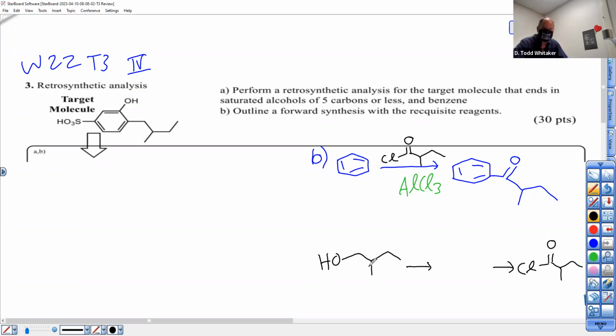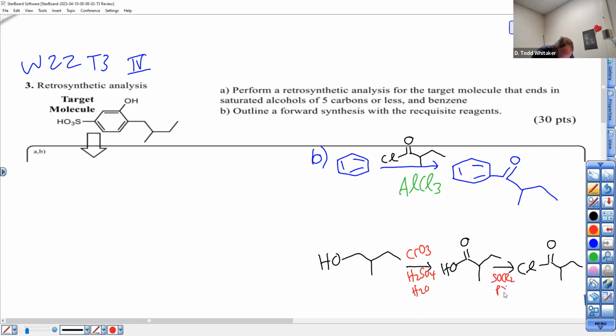As you've been getting, PCC will make an aldehyde. You're getting closer though. CrO3. I need to make an acid. Here's your acid. Now you give me what you wanted to give me from the very beginning.